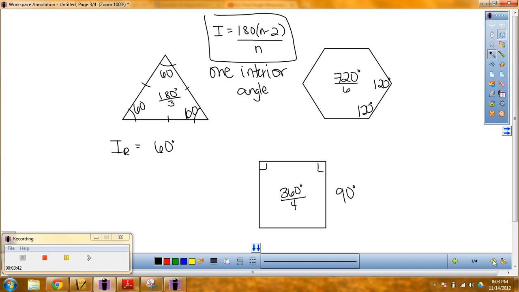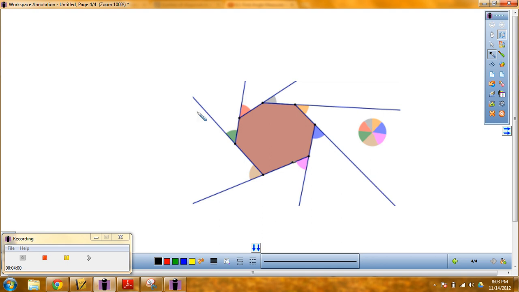Right? Now, the next slide is how we find the sum of all of the exterior angles. So here we have a polygon, right, and we've extended the sides so that we have an exterior angle. Right? And in the same way, we could have extended the side to go the other way, and we can see that those angles would be the same using our vertical angles.